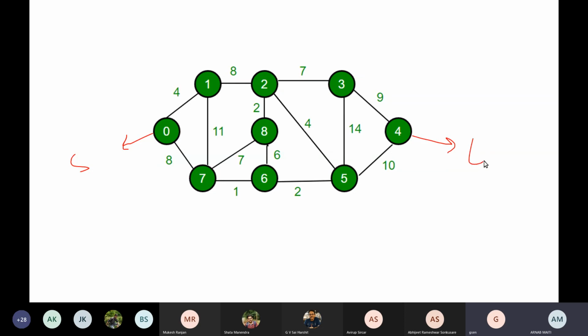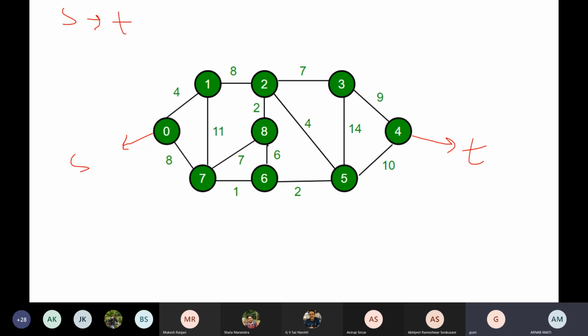I'll mark it as T. So I want to find the shortest path between S and T. In this case, the Dijkstra algorithm will come in handy.